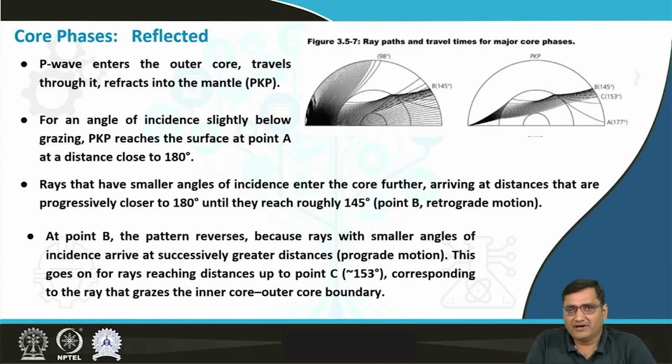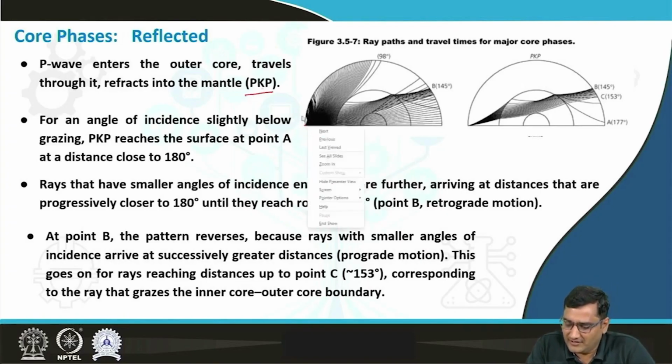Now the P wave, when it enters the outer core, travels through it and refracts into the mantle, is known as PKP. So if you look at this particular focus here, you can see the takeoff angles are getting smaller and smaller as you go away from the focus.